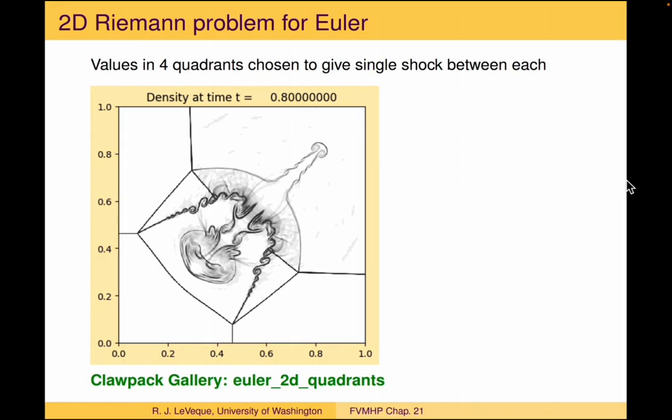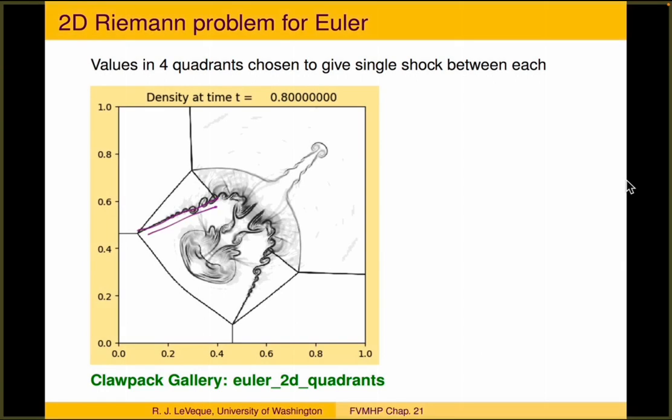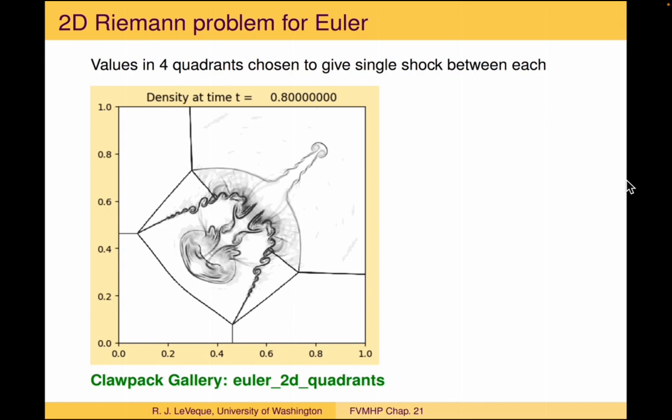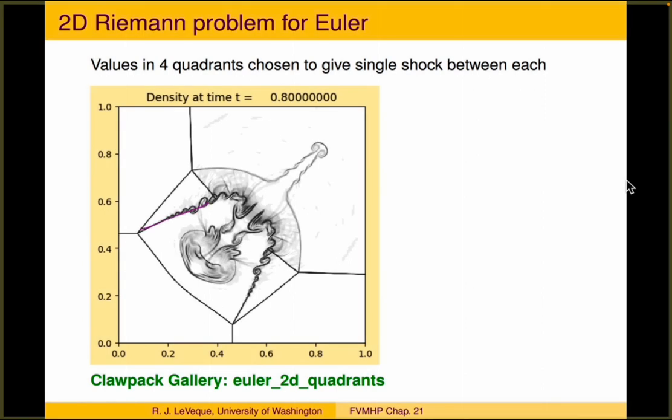In fact, these waves along here and everything that's going on here and here for the most part are really contact discontinuities where the pressure is constant. If we plot the pressure instead of the density, it looks more like this. And so this line, for example, is a contact where there's really a strong shear flow along here.